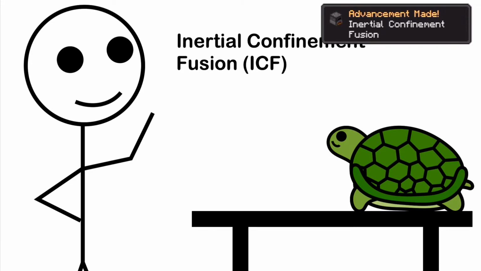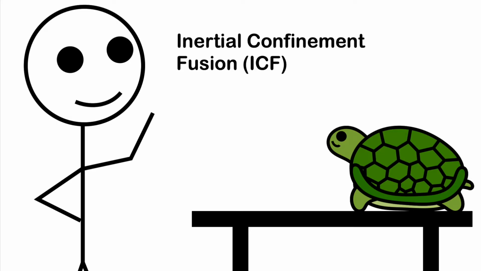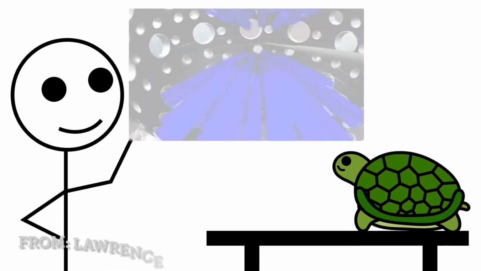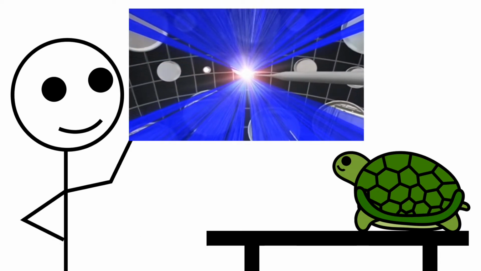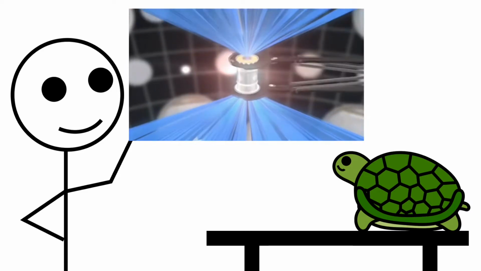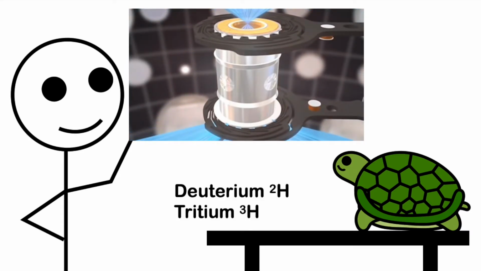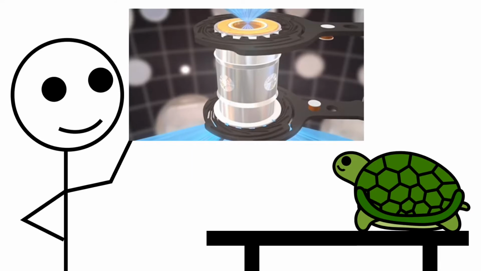Unlike magnetic confinement fusion reactors, inertial confinement fusion reactors initiate nuclear fusion by compressing and heating targets filled with thermonuclear fuel. This fuel is typically a pellet containing a mixture of deuterium-2H and tritium-3H, which are both isotopes of hydrogen, just with a few more neutrons than a normal hydrogen.